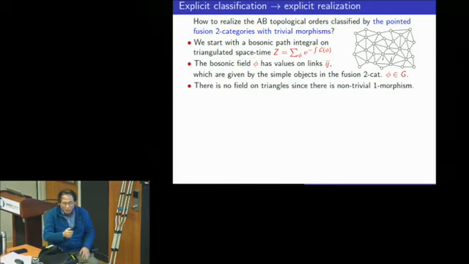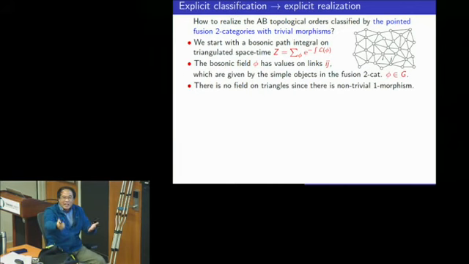Then how do we use this bosonic theory to realize the topological order described by this fusion 2-category theory? The idea is that the bosonic field on the link takes a value in a simple object. In the fusion 2-category, a simple object gives you the value of the bosonic field. That's another way to say this bosonic field lives in a finite group, because the objects are labeled by group elements. So we have a group element on a link.